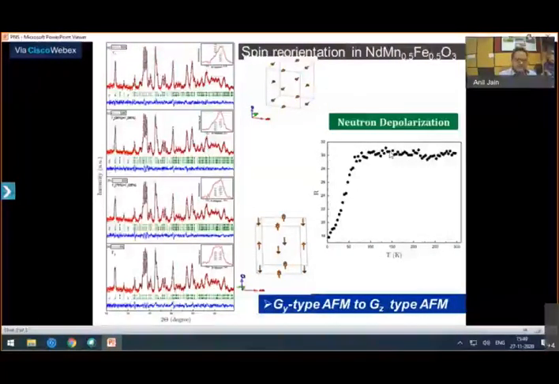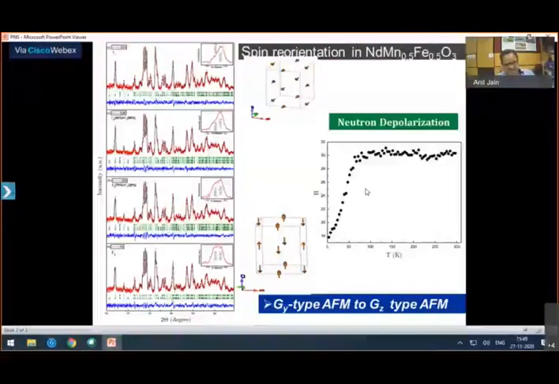By just seeing how much your neutron beam gets depolarized after passing through your sample, we see there is a depolarization of the neutron beam, and it gives an idea that when your spin is reorienting from Gy to Gz, there is some net ferromagnetic component which is developed in the sample.